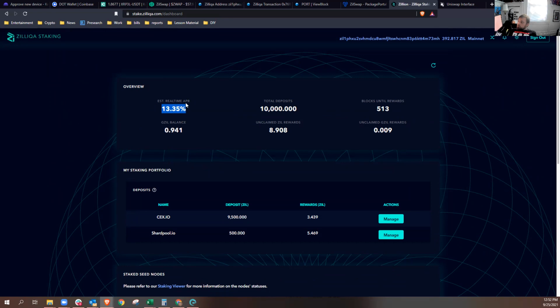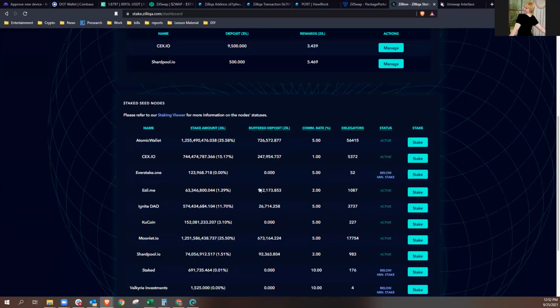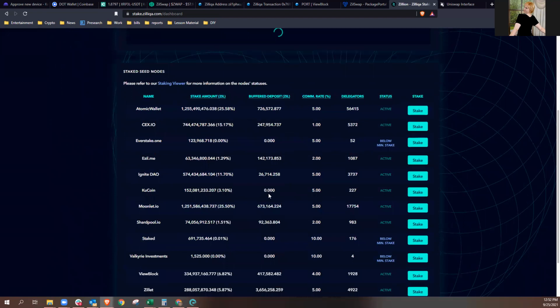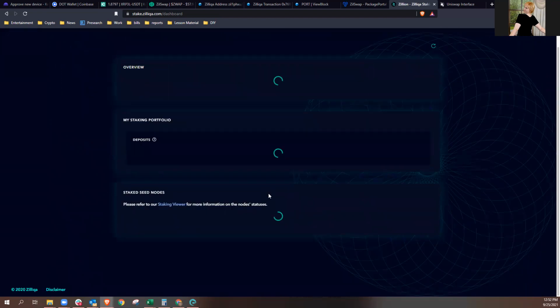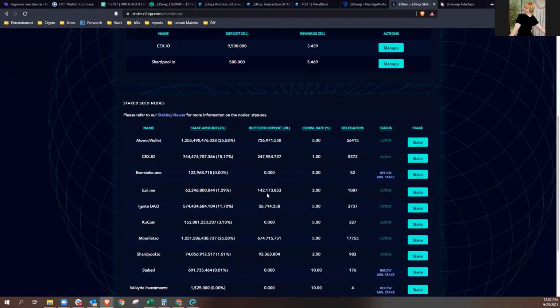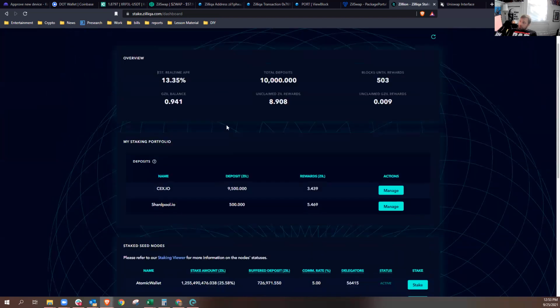Okay, I see CEX.io, ezil.me, shardpool.io. These all look pretty low. Yeah, I have 500 ZIL staked in shardpool.io, and I have 9,500 staked in CEX.io.